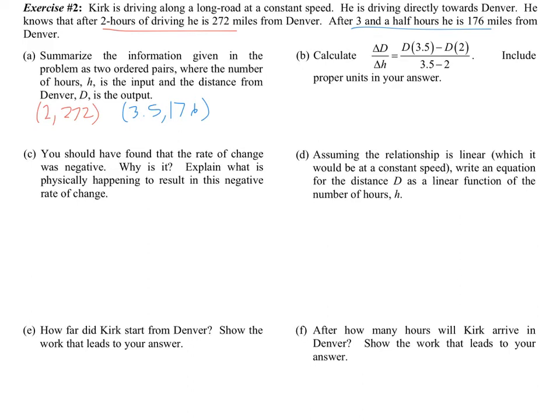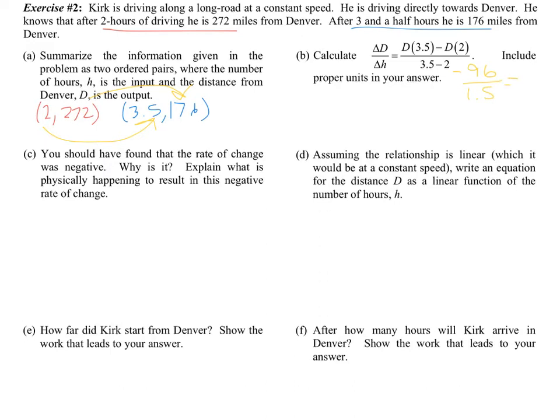Now we're going to calculate the information and include the proper units in our answer. So this is saying the distance at 3.5 minus the distance at 2. Well, it's really just saying our change in y. So from 272 to 176 is negative 96. Then from 2 to 3.5 is positive 1.5.